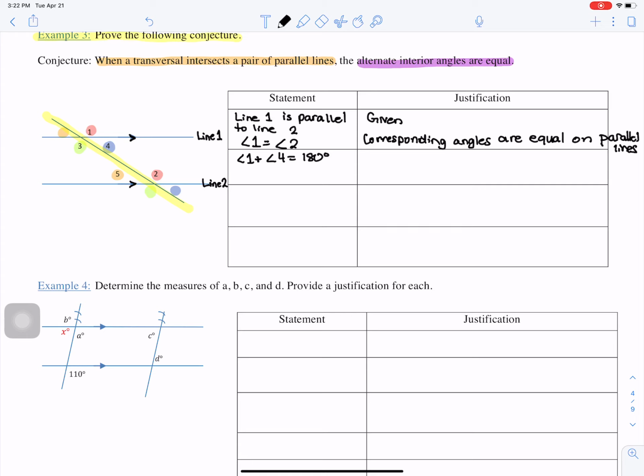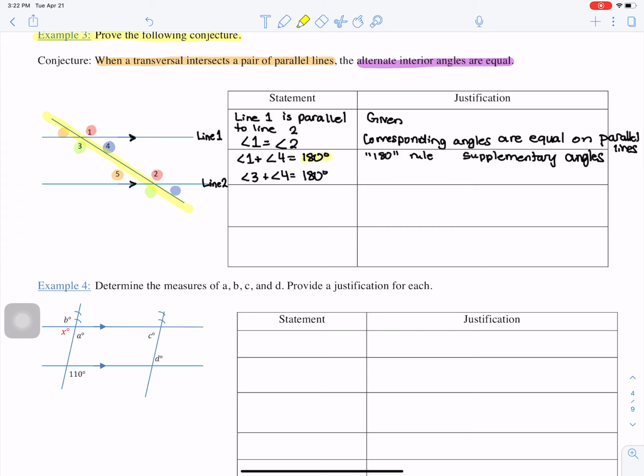And the reason for that is the 180 rule, or you can use the proper terminology that the angles are supplementary. So I'm going to call them supplementary angles. So I also know that angle 3 and 4 will be equal to 180 when you add them up for the same reason.